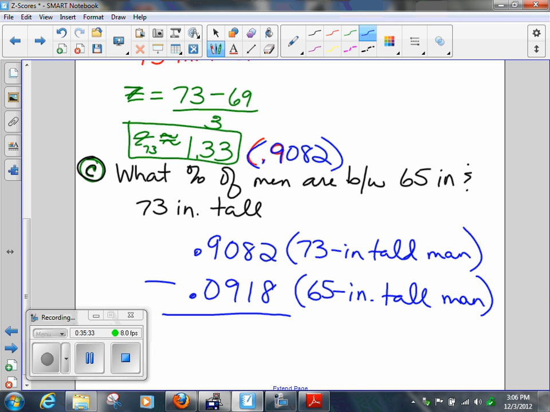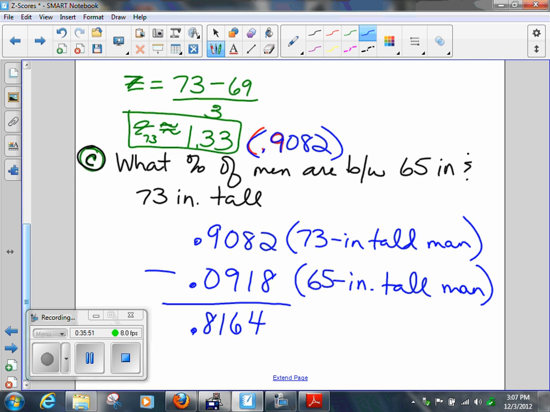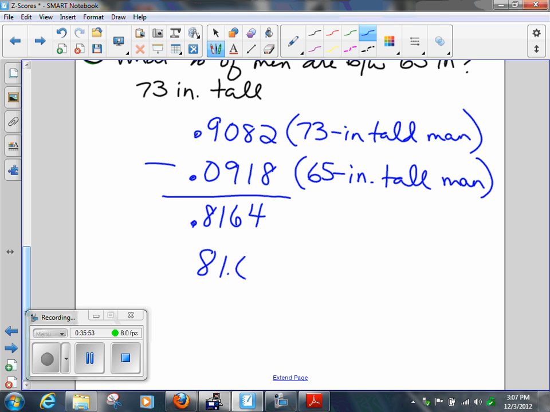And we're going to find out how many men are between 5'5" and 6'1". And we get approximately 81.64% of the men are between 73 inches and 65 inches.